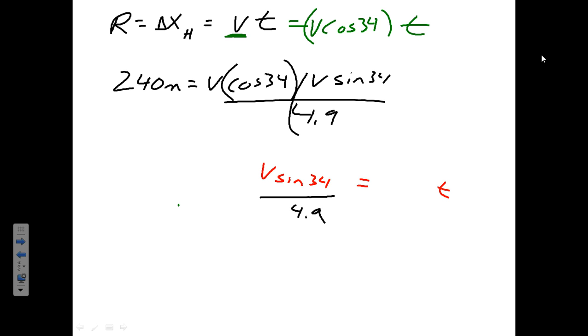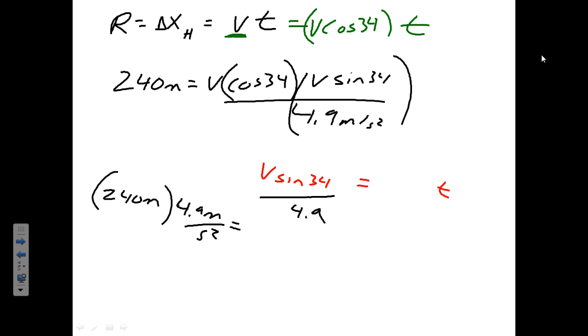But what we've got to do now is, this was meters per second squared. We need to multiply both sides by 4.9. So we'll have 240 meters times 4.9 meters per second squared equals v cosine 34 times v sine 34.